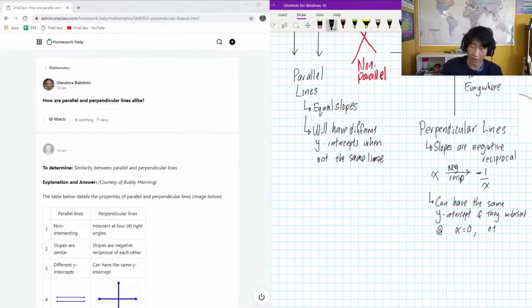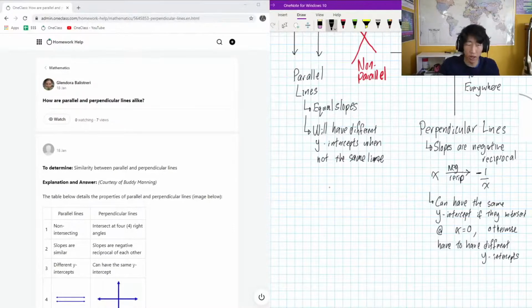Otherwise, they have to have different y-intercepts.